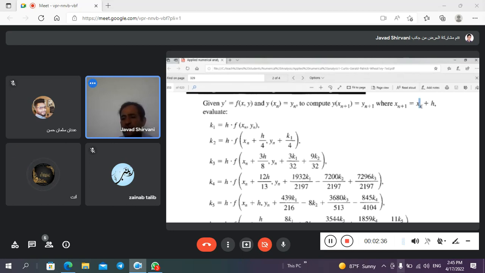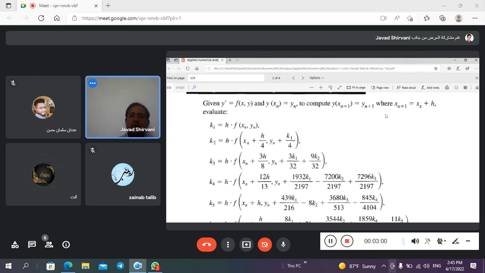Here, the index of x is n, which is a mistake you should be aware of. X index n plus h is xn+1. We have a number of k's according to this formula.